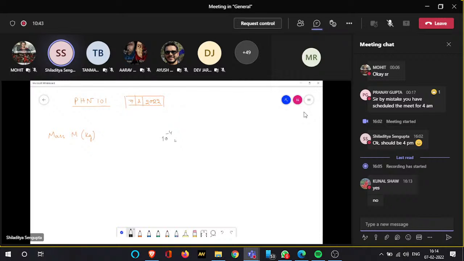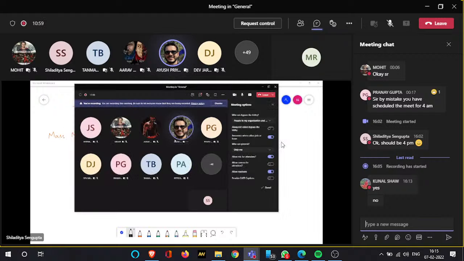Now let's go to the heavier end. What is the maximum mass that you can feel? Can you differentiate between 1 kg and 10 kg? Yes, sir, definitely. 10 and 100? Definitely. How about 100 and 1 ton? We won't be able to hold it.